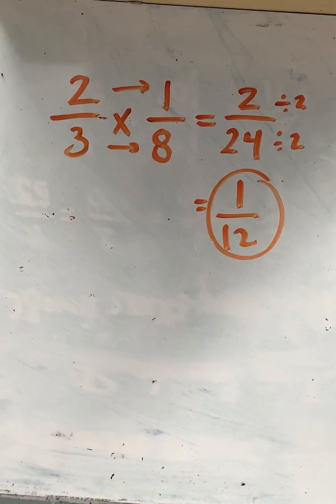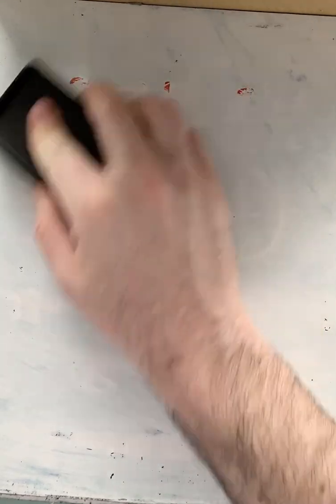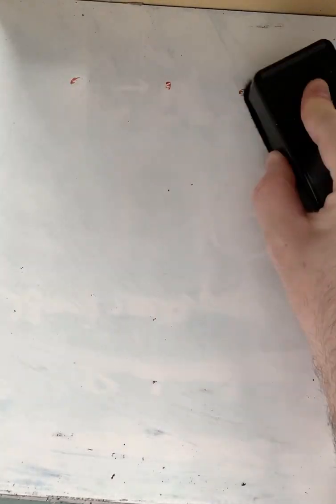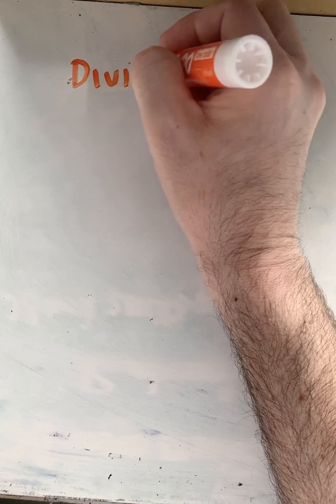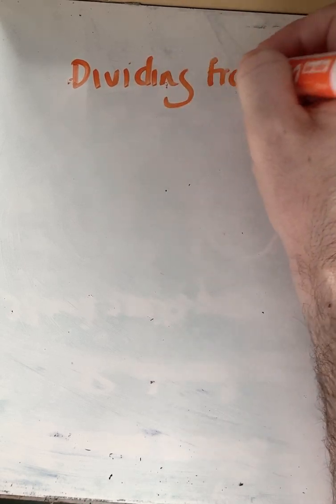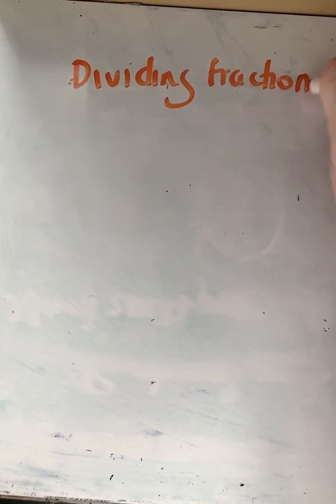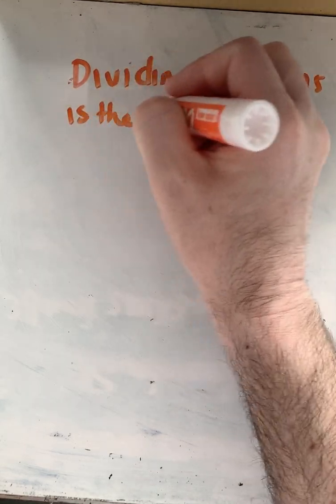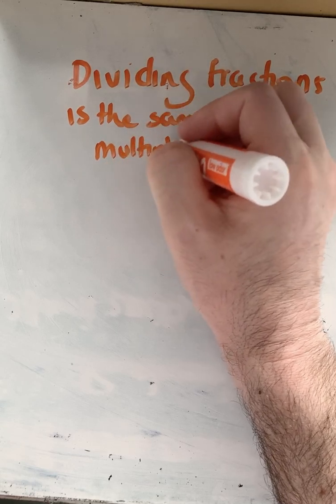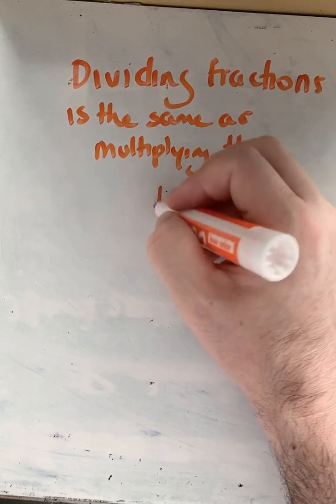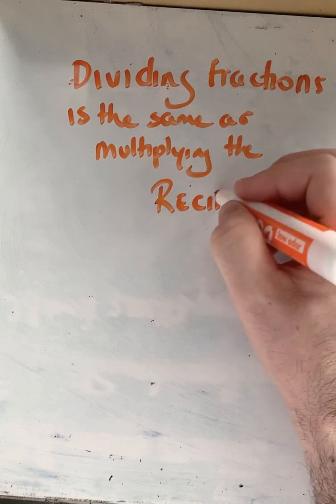For division, it's really important that you keep multiplication in mind because dividing fractions is, in some sense, very similar or uses multiplication. So, for example, one of the things I need you to remember is that dividing fractions is the same as multiplying, and I'm going to write this word, reciprocal.